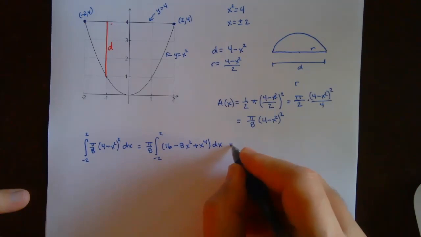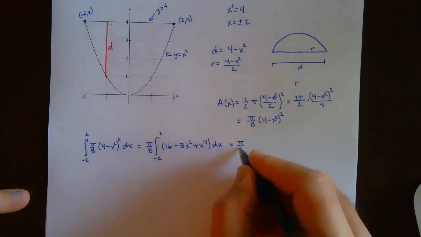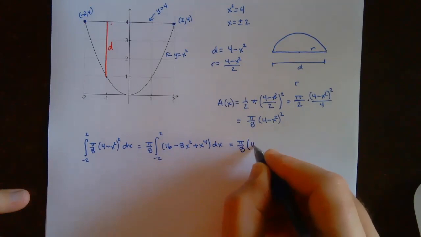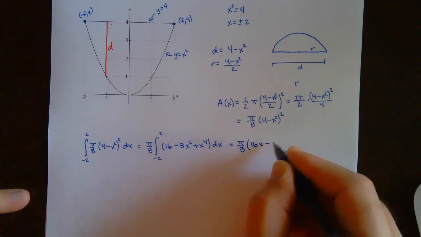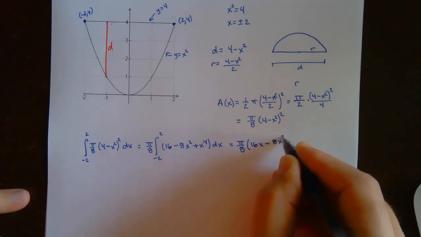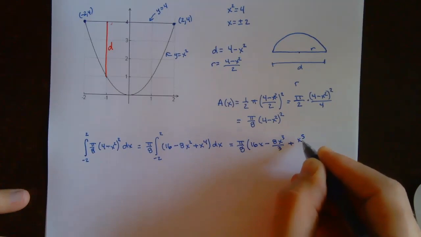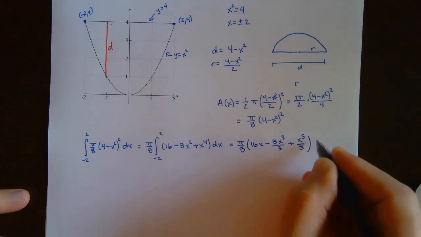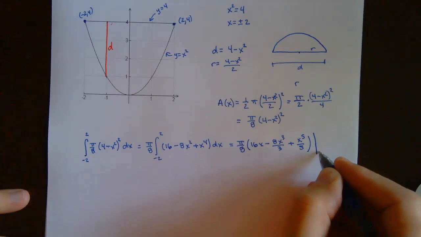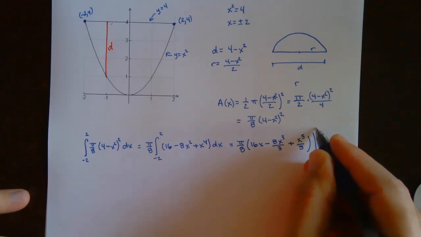Then that becomes pi over 8 times 16x minus 8x cubed over 3 plus x to the 5th over 5. I'm going to do this by hand, obviously, and we're going to evaluate it from -2 to 2.